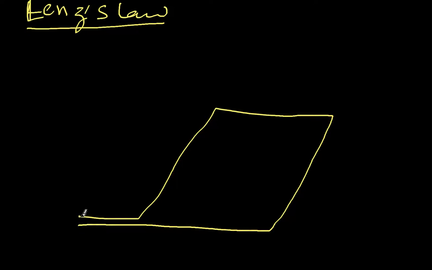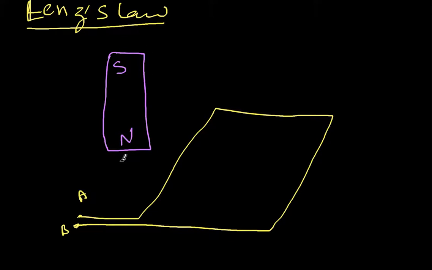This point let's call A, and this point let's call B, and on top of it there is a magnet. This magnet has a south pole and a north pole, and the magnetic flux lines are coming down like this. Right now all the magnetic lines are not linking with the coil. As the magnet moves like this, the flux will link with the coil.